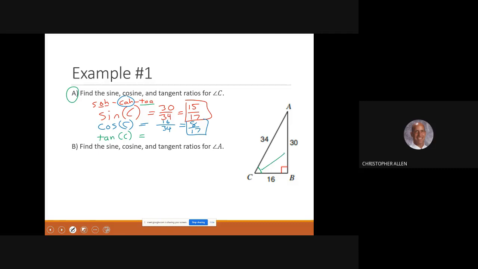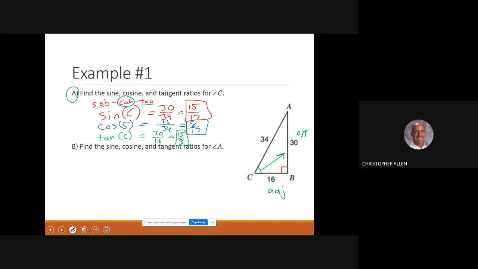So this is opposite, this is adjacent, so it's going to be 30 over 16. And again, that can be reduced. I think 2 goes into both of those, so that'd be 15 over 8. So I have just found all 3 trig ratios for the angle C.